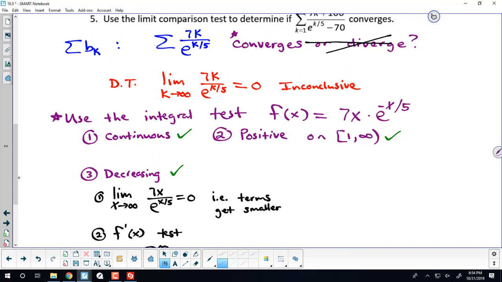Okay, so we've got our series. We chose this particular series, used the integral test on it to determine that the series we've chosen is a convergent series. Now we need to actually compute the limit, or do the limit comparison.